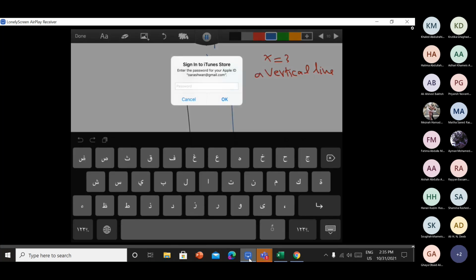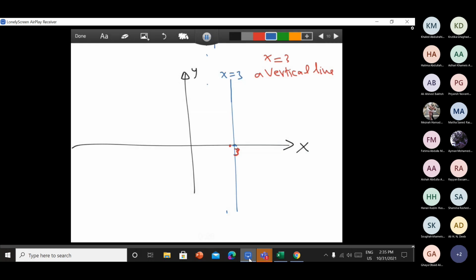Now I know the limit of the function from the right of 3 is positive infinity, and let's do it from the left: for 1 over x minus 3 it is negative infinity.